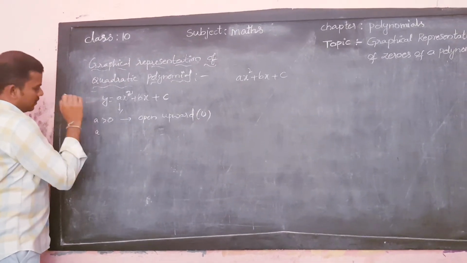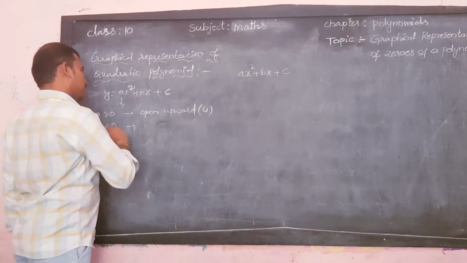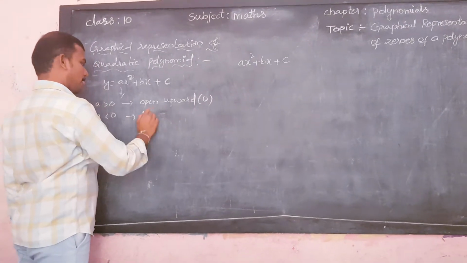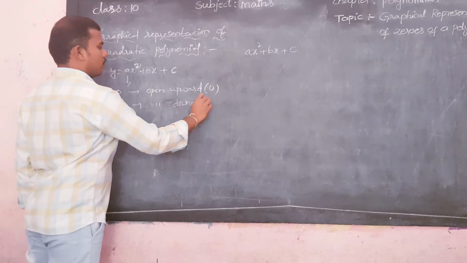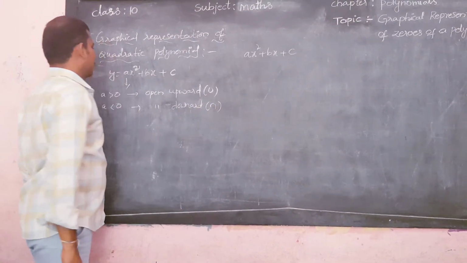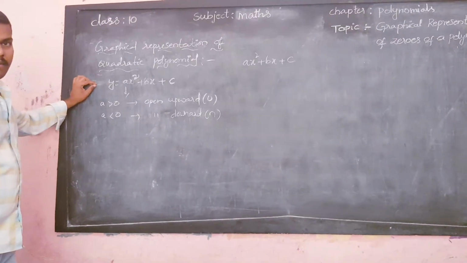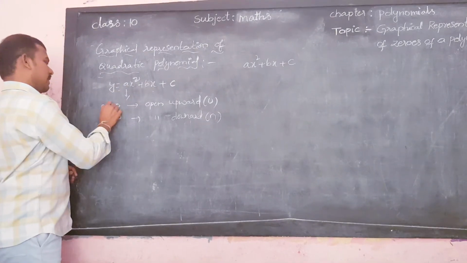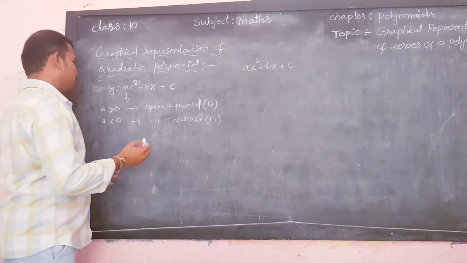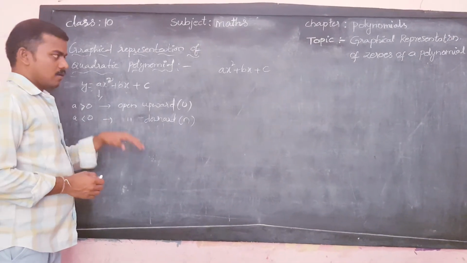When a less than 0, we get an open downward parabola. So the graph of quadratic polynomial is called a parabola. When a is greater than 0 it is an open upward parabola and a less than 0 is an open downward parabola.